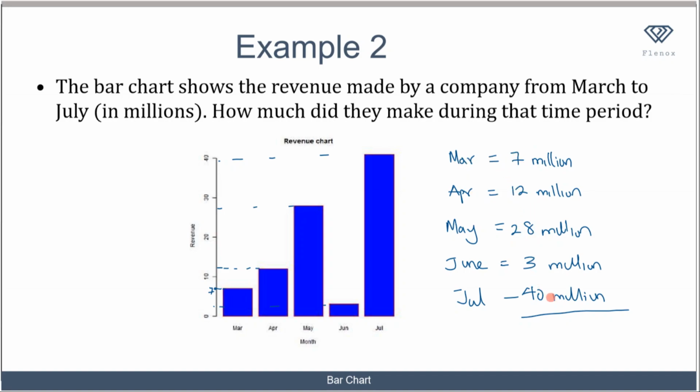And when you sum all this together, you get 90. So the total money made is 90 million. I will assume maybe naira or dollars based on the unit. So this pretty much sums up the basic idea or the principle underlying bar chart.